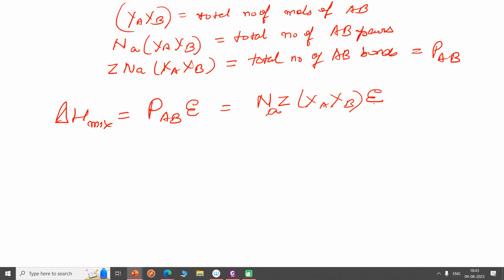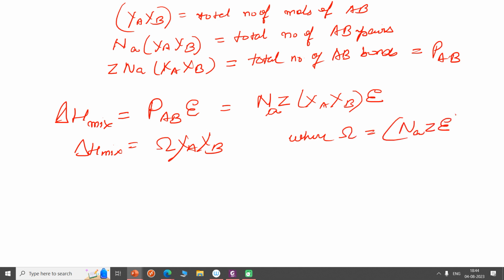So for a given composition, the bond energy of AB will be constant, and so this will also be constant, right? So this will give me omega chi A chi B. But this omega is an important parameter, with constants.